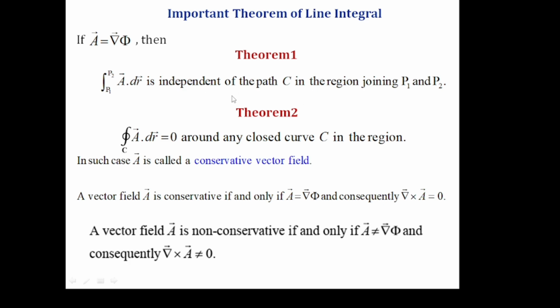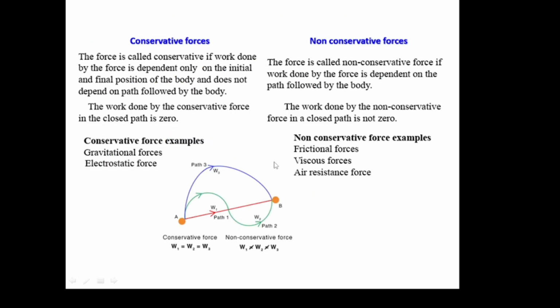For theorem 2, the closed line integration of A dot dr is equal to 0 around any closed curve, and in such a case A is called a conservative vector field. So what is a conservative vector field? It is equivalent to conservative forces.